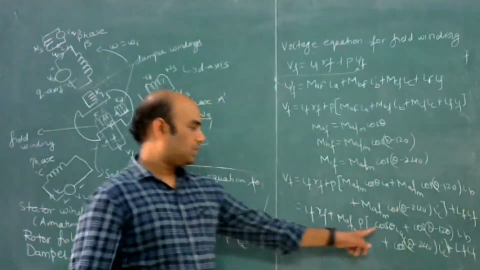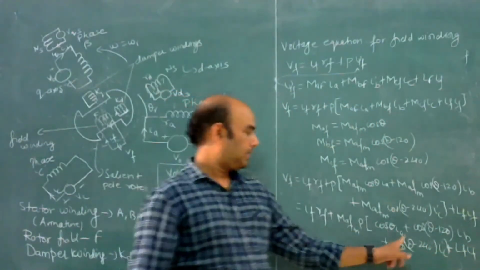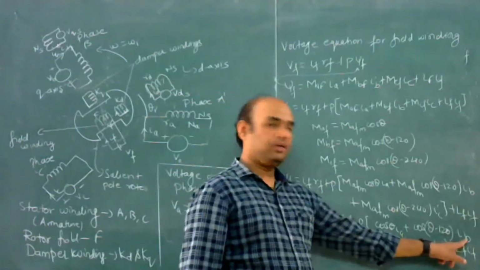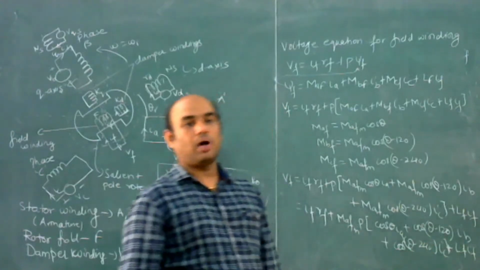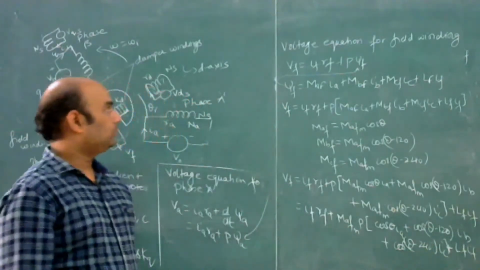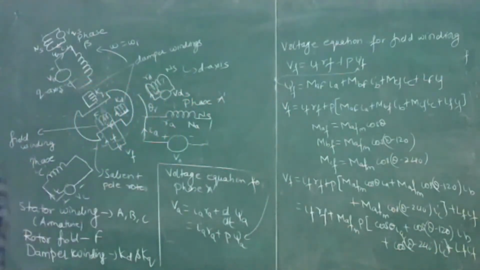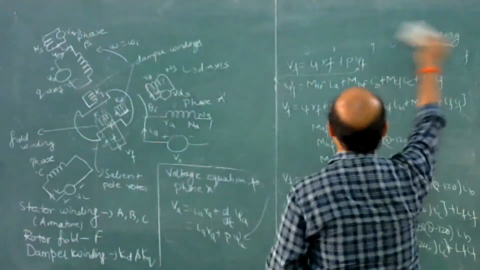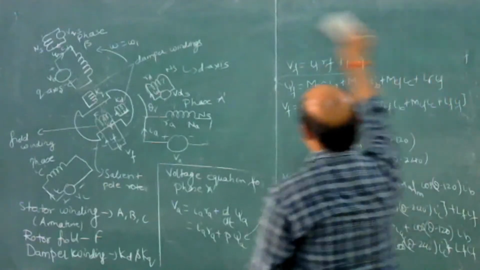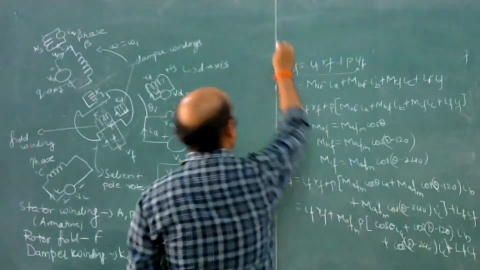And what is this? Cos theta into IA, cos theta minus 120 into IB and cos theta minus 240 into IC. Okay, so this is the thing. It is equal to ID. Okay.